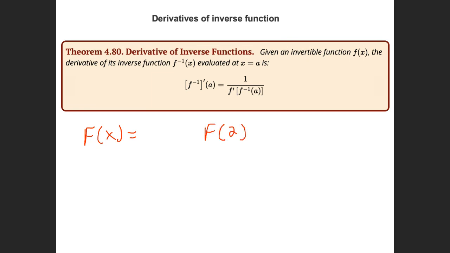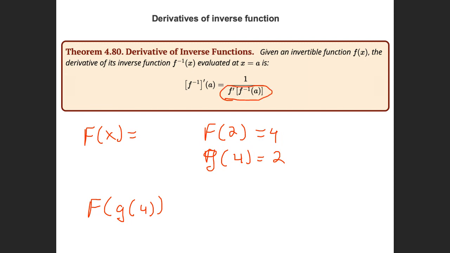Let's say I said f of 2 is equal to 4, and then I said g of 4 is equal to 2, okay? So that's basically what this is down here.